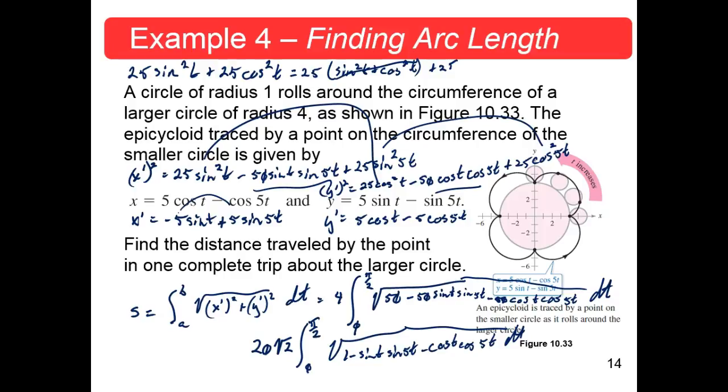This is what they call the product to sum formulas, okay? Where you have sine t, sine 5t, okay? And cosine t, cosine 5t. They just say a difference formula for cosine, which I don't buy. I mean, I don't see why that's the case here. Actually, now I do see it, because it's going to turn out two of the same things.